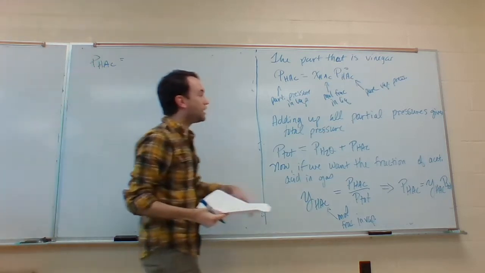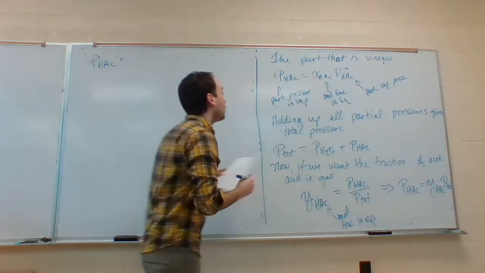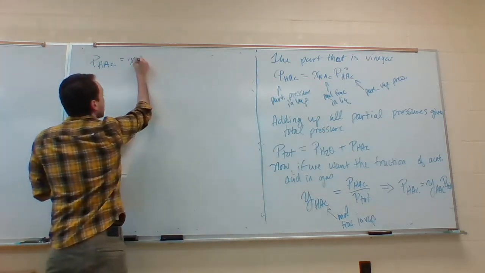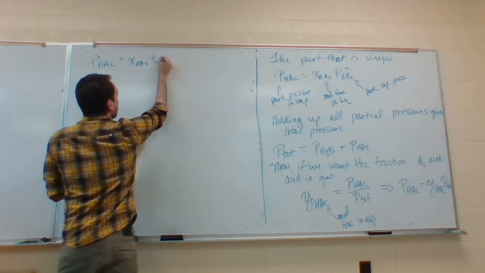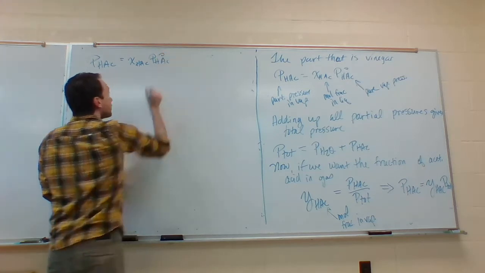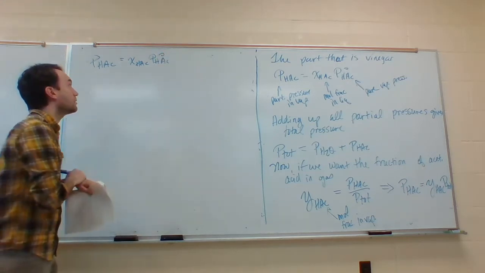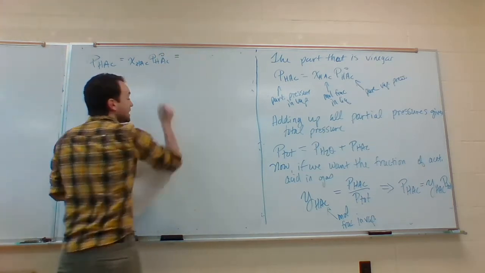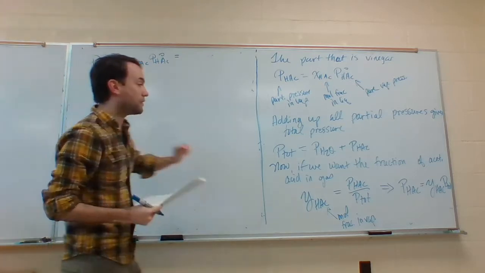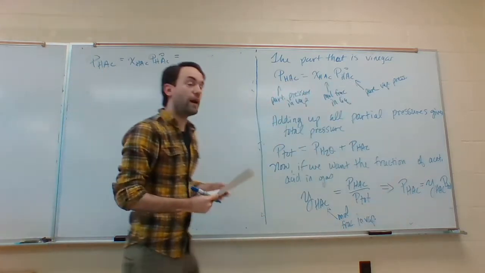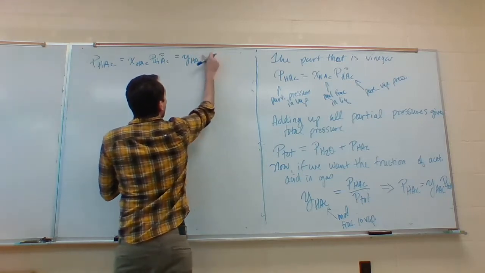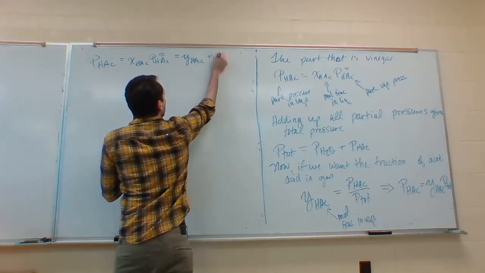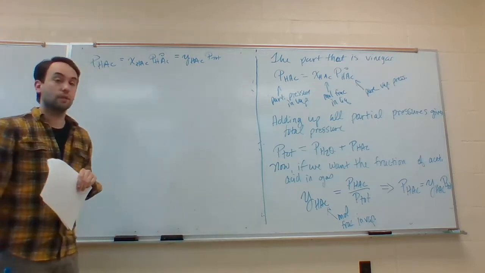We know that that is equal to our mole fraction in the liquid, X HAC, times what it would be for pure acetic acid in the liquid, all right? And we know that this is also equal to our mole fraction in the vapor, Y HAC, times our total pressure in the vapor, all right?